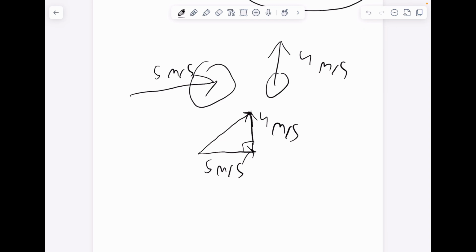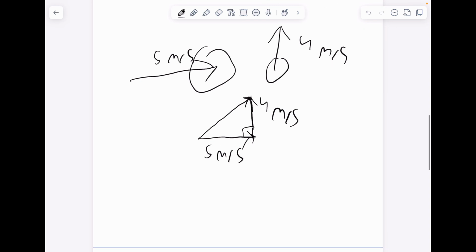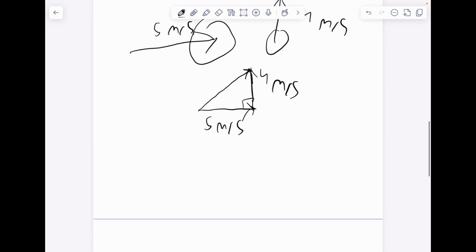If I want to say, let's not make these meters per second, or actually it's fine, because vectors can deal with meters per second as well. If I'm going 5 meters per second to the right and 4 meters per second upwards, then we want to see the rate at which I'm traveling. By using the Pythagorean theorem, a squared plus b squared equals c squared, I'm sure you know this, we insert 5 as a and 4 as b.